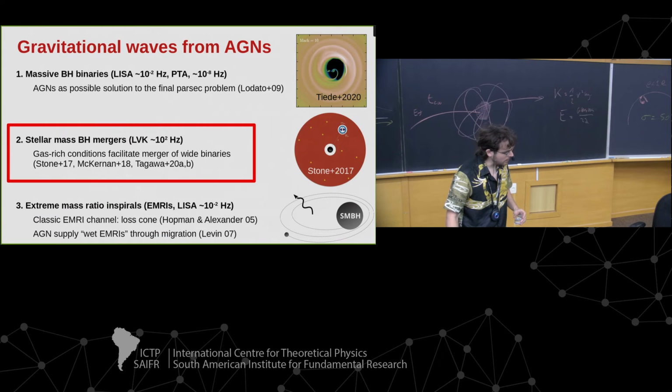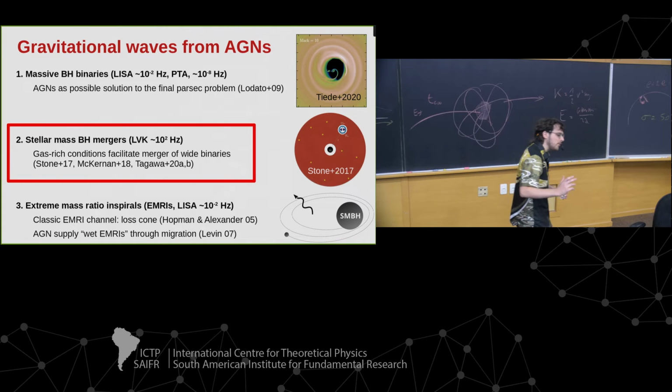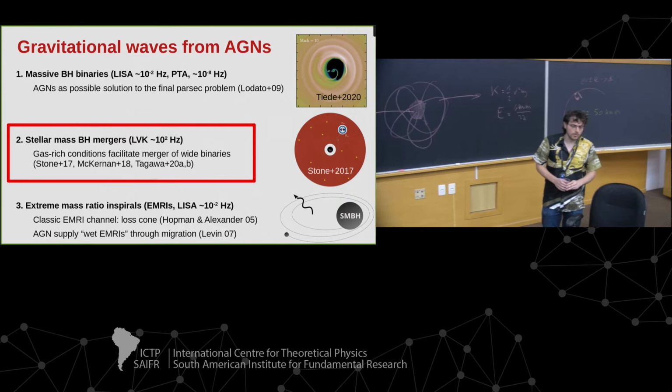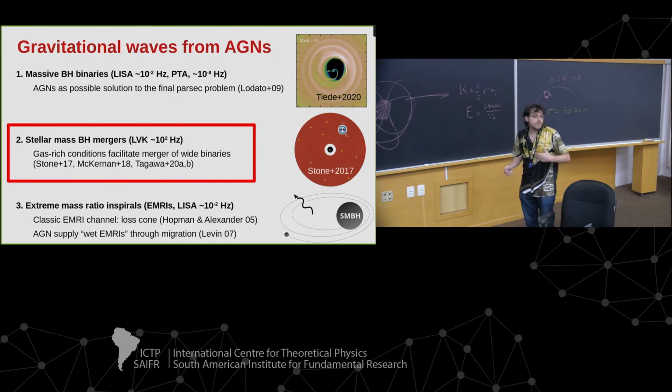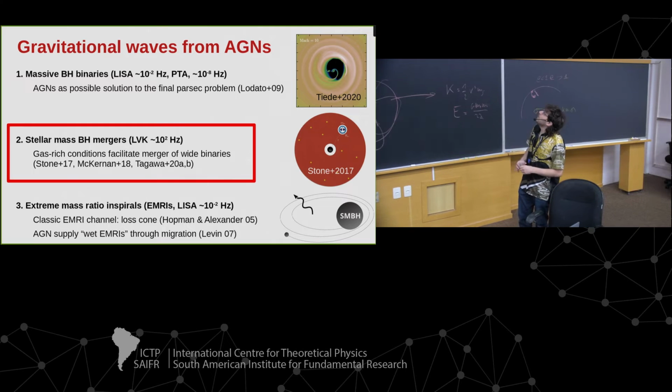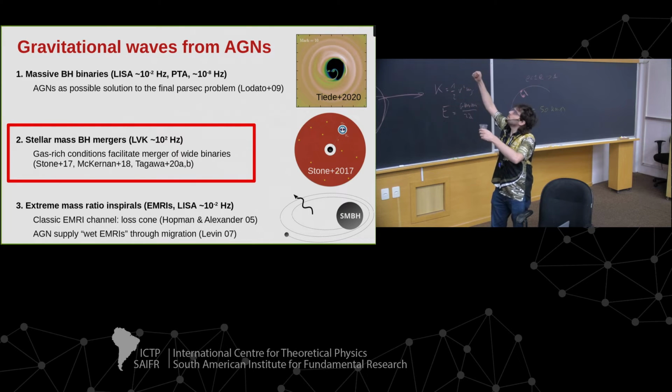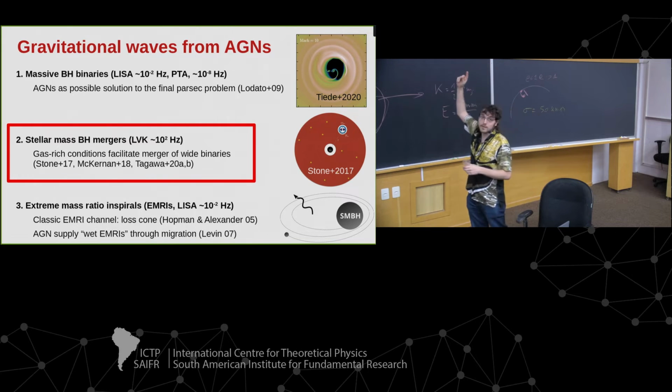There are a few cases that one can consider in active galactic nuclei that are interesting for gravitational wave astronomy in different regimes. First of all, you can have binary supermassive black holes, or supermassive black hole binaries, surrounded by an accretion disk. And these are very interesting for LISA science and PTA.